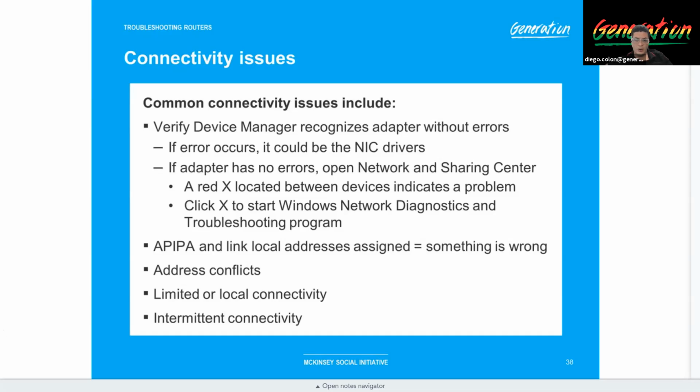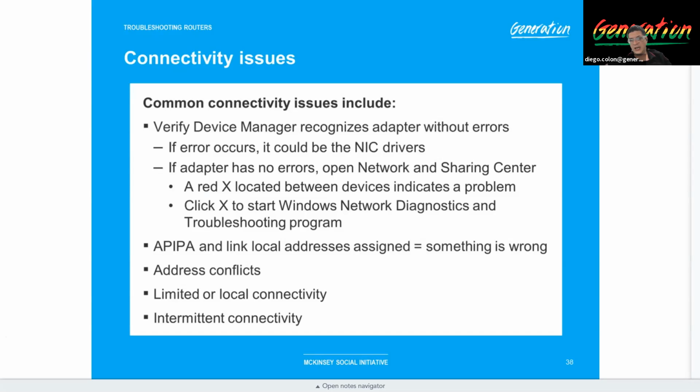Sometimes it just runs out of buffer memory or it just needs a restart. Whenever you see that limited or local connectivity, it's usually that the access point is able to get to the router, but it's unable to exit. Therefore, hence the words limited or local connectivity.